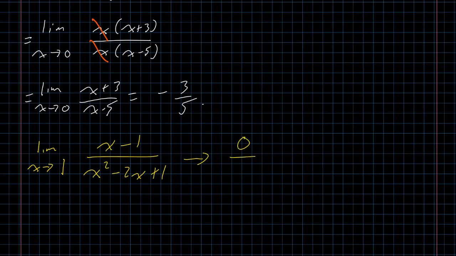If I plug in x equals 1 in the denominator, I get 1 minus 2 plus 1, which is 0. This is, again, an indeterminate form. And when we have an indeterminate form, it tells us to do more.